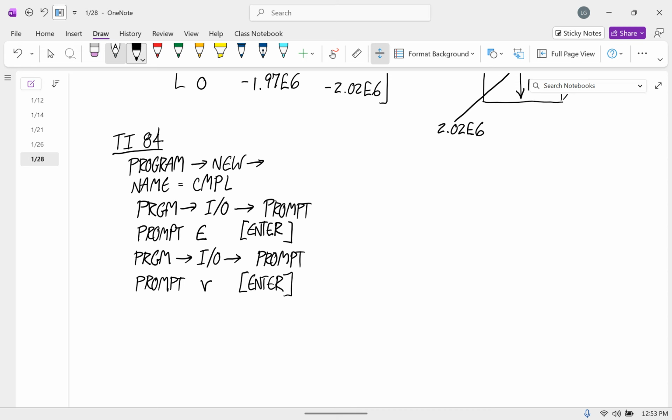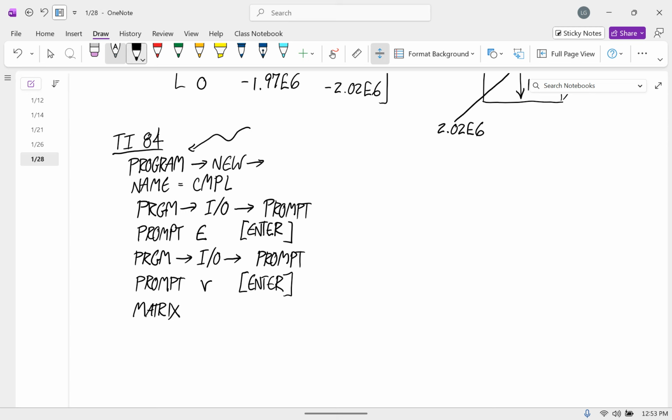While you're still in that programming editor, go to matrix. Actually, why don't you get out of the programming environment for a second? Go into matrix and create a 6x6 matrix wherever you want.